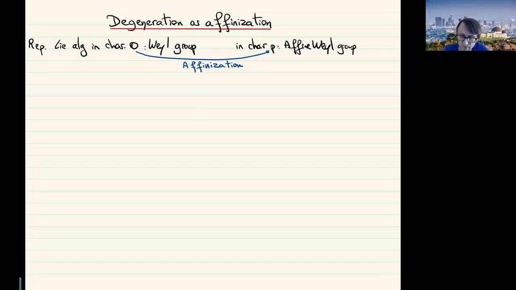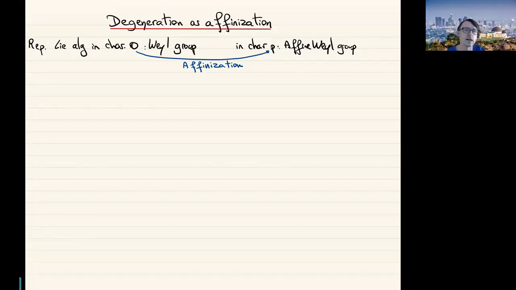And so typically affinization arises by specialization or maybe degeneration, like going from characteristic 0 to characteristic p. So you can think of it geometrically as going from Z_p to mod p. Instead of being at the generic point, characteristic 0, you do mod p, you've specialized. And somehow by specializing, you've removed certain constraints and there are more symmetries.